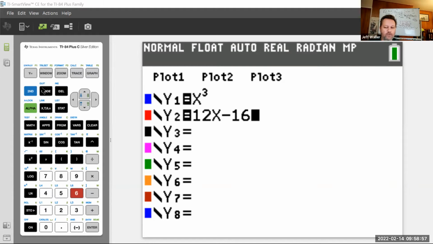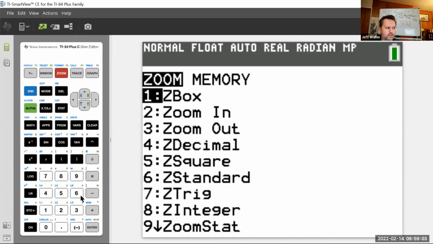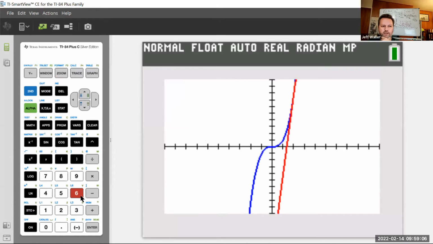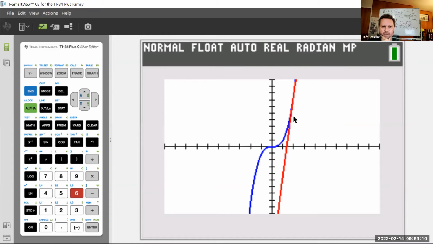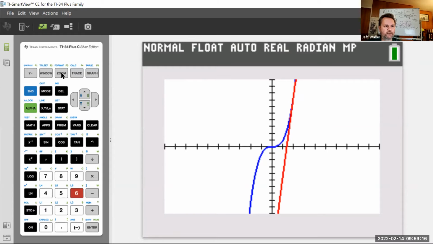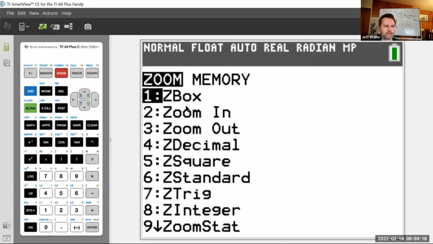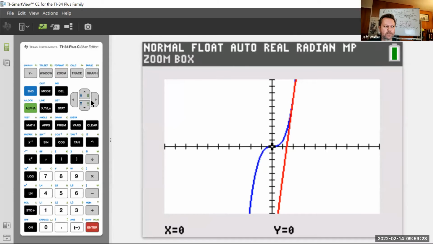So let's see. Everybody with me so far? One of the best things to do for yourself is to hit Zoom 6 whenever you're doing a new graph. And there you go. Look at this. So what I want to do, let me show you this. If you hit Zoom, the very first option is Zoom Box. I like Zoom Box.